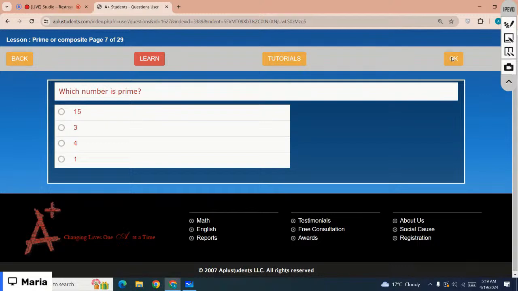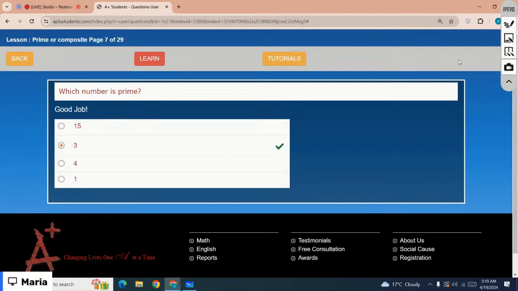Yes, the only prime number here is 3. 1 is neither prime nor composite.